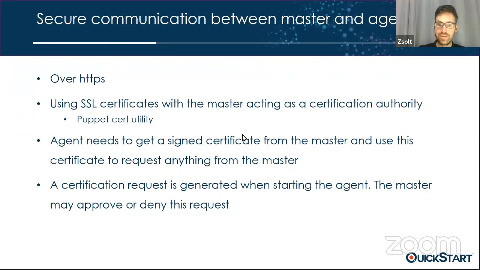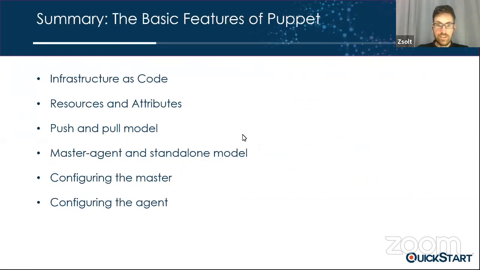So secure communication this way is established. This is the very first communication between the master and the agent, the certification, because without the certificate, the Puppet master is not going to accept anything. So yeah, that's all for the theory, and now we're going to move on to the practical part of the course.